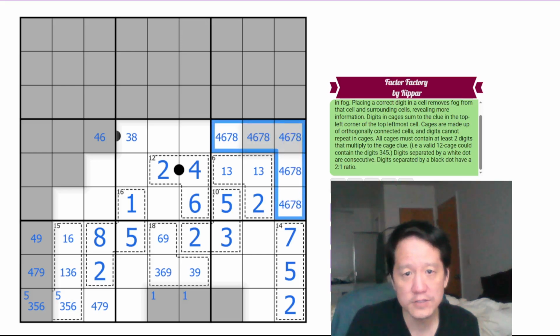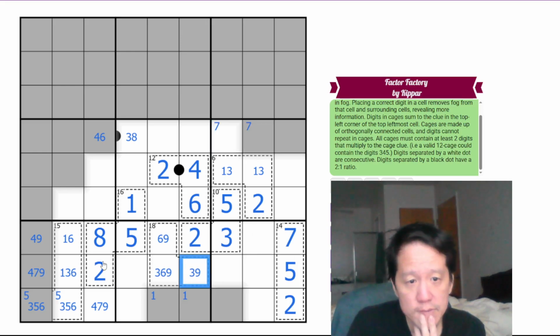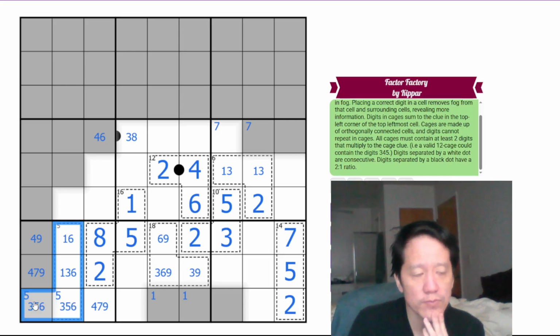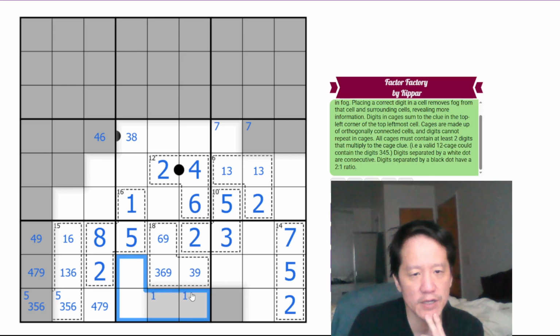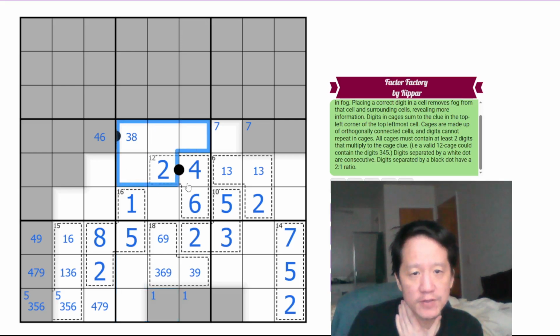Okay. Let's just mark what we know. This has to be a 7 here. The remaining digits in this is a 1. We have 7, 8, and 1, and 4. That's pretty broad. Where's 5 in the central box?